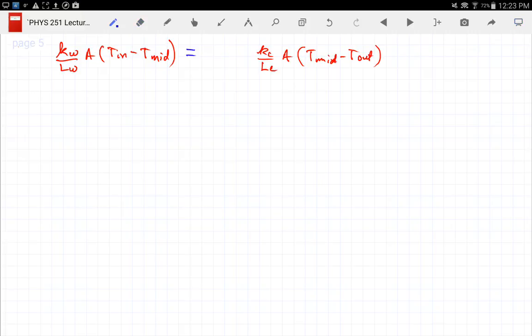I'm sorry, I realized I didn't need to have the other things, and I can bring these closer now. Make it make more sense. So I'm going to cancel out that there A, and then I want to solve for T mid. So I'll bring the T mids over to the right side and the T out to the left side.